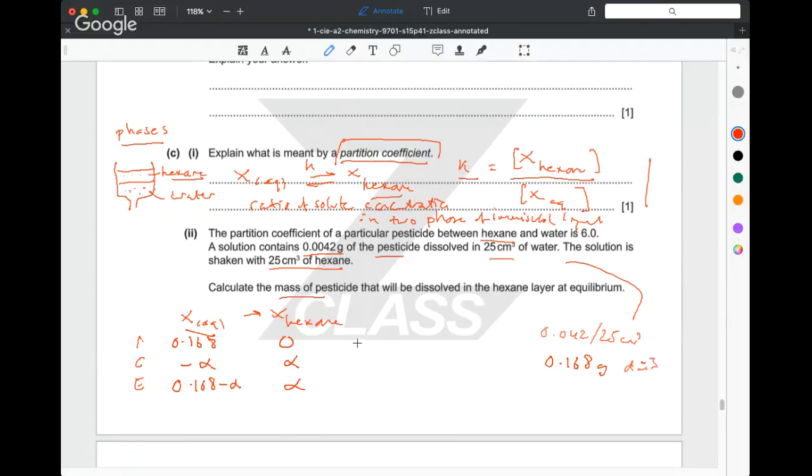And so you know that the equilibrium constant is the concentration in the hexane, which is alpha, and the concentration in the water, which is 0.168 minus alpha. And so you can then do the calculation.